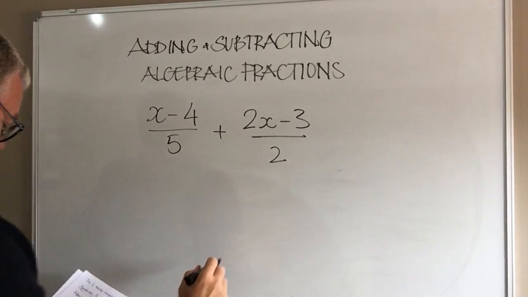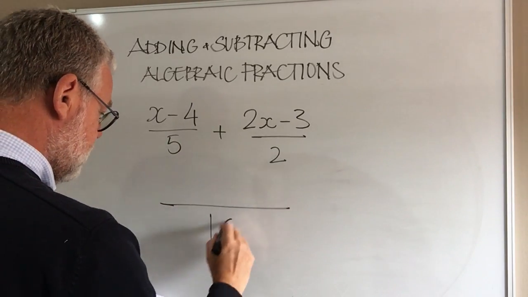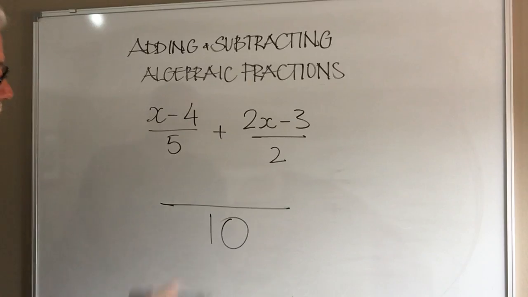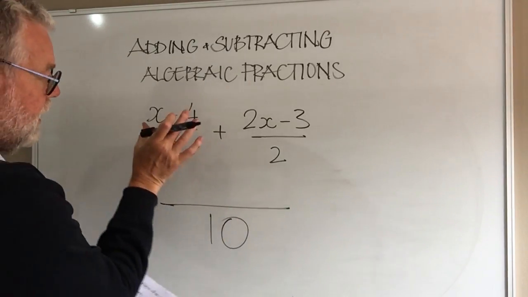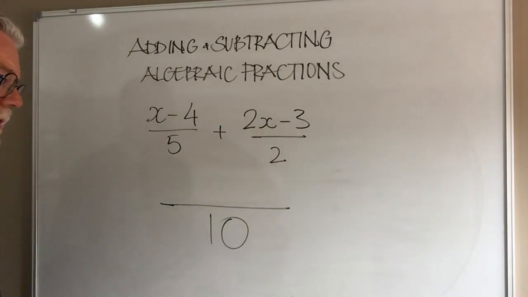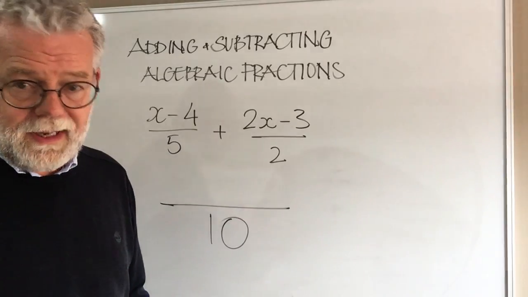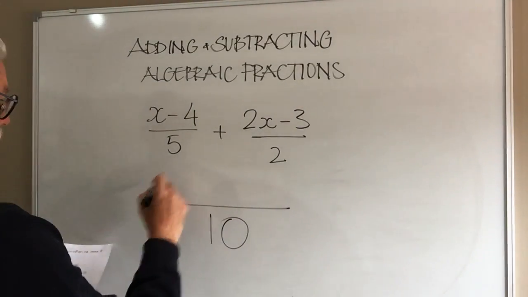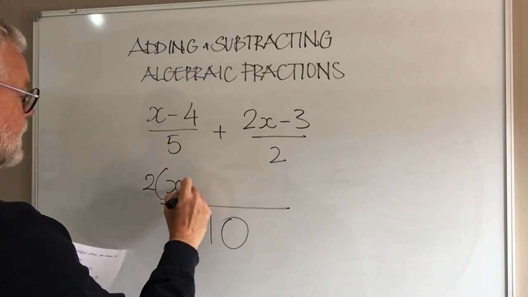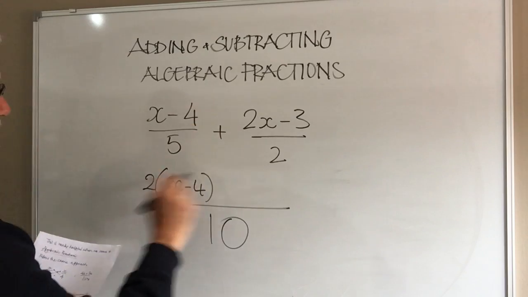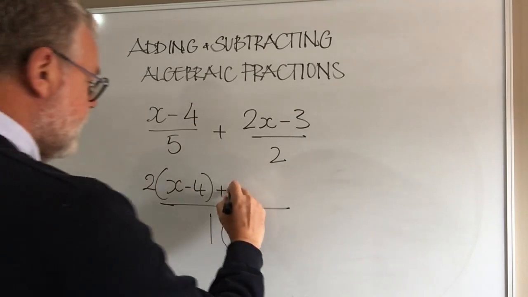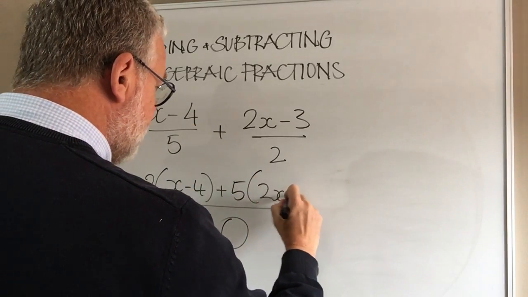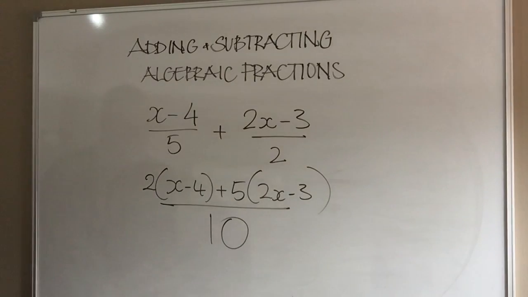We multiply across to give us our denominator of 10, and then we cross multiply. Now, because we're multiplying expressions, my advice is use brackets to help. So we've now got 2(x minus 4), because we've cross multiplied, added to 5(2x minus 3).